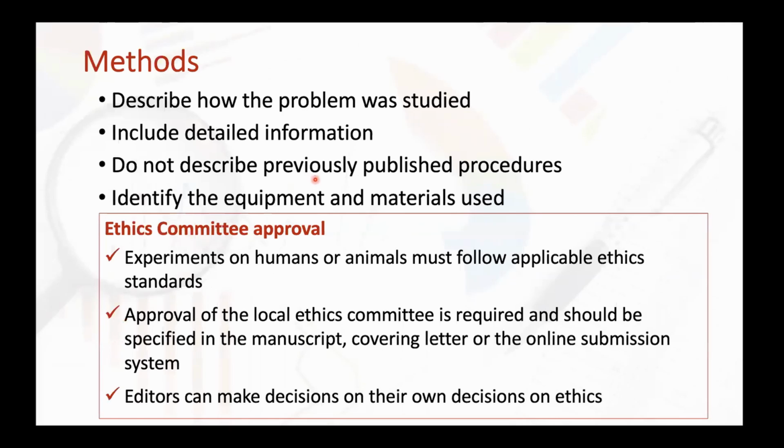Then come to the next part, the methods. Some journals call it materials and method. Materials are what is involved; method is basically the way you do the work. You have to describe how the problem was studied and include detailed information.